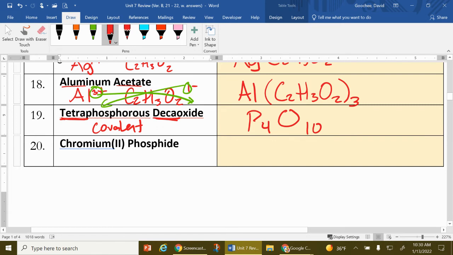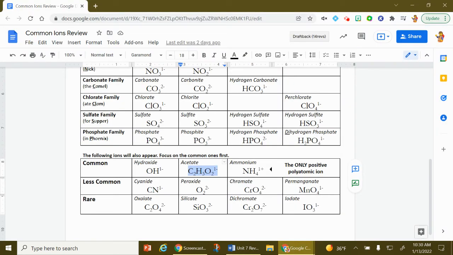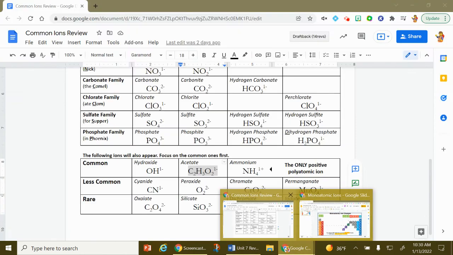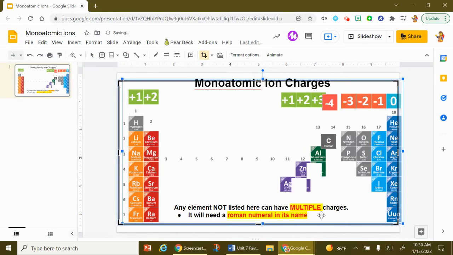All right. Last up, chromium 2 phosphide. So chromium 2. Chromium is Cr and it's 2, so it's 2 plus. That's easy. Phosphide. Oh, is that a polyatomic? No, this is phosphate and phosphite. Phosphide is this guy right here.